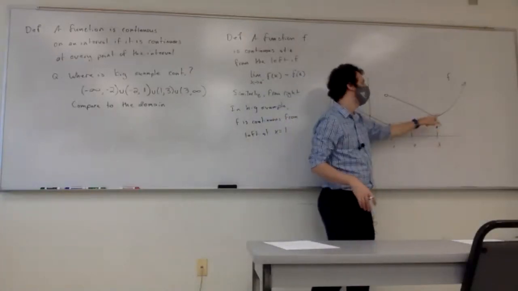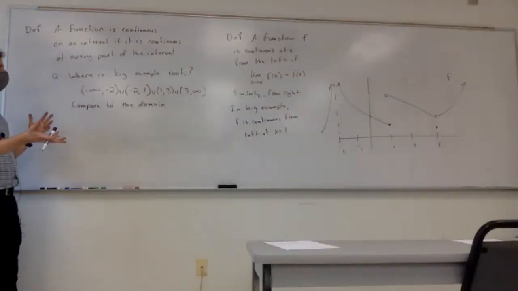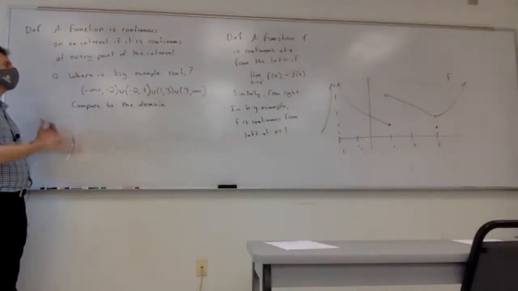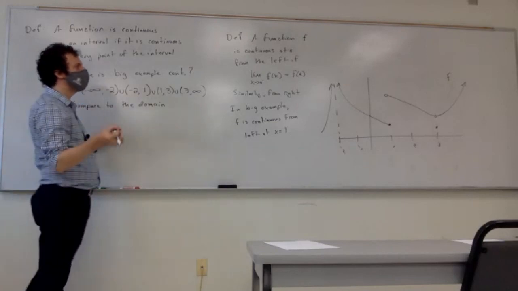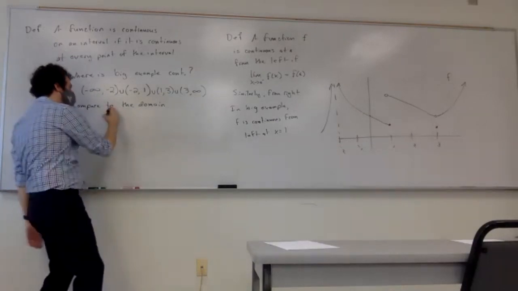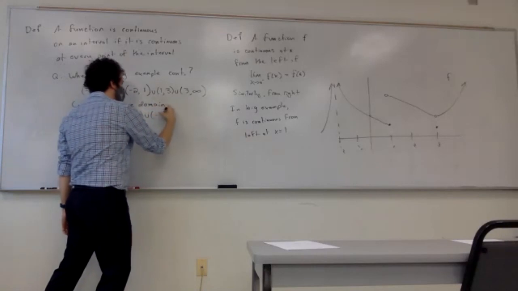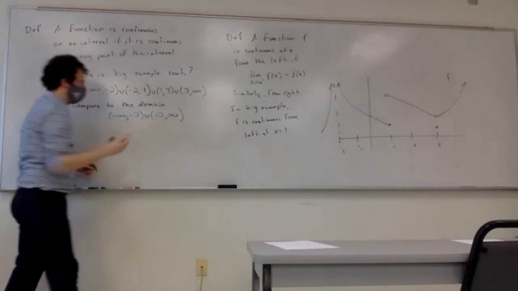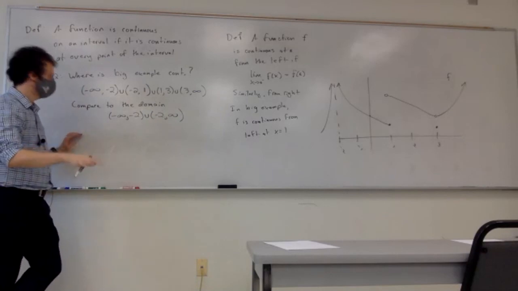At 3, we have the point. So being in the domain, if you're going to be continuous, you have to be in the domain, but you can be in the domain and not be continuous. So for the domain, the only bad point is that asymptote. So we're -infinity to -2, and other than that, we're good. So we just have to skip the one point at -2, everything else is fine.